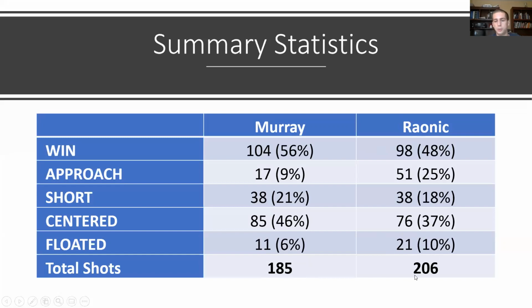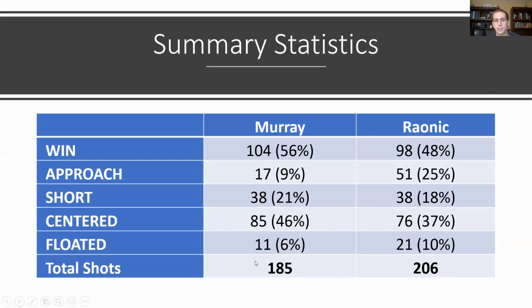Raonic hit 206 rally shots. Raonic's number is higher because Raonic is the more aggressive player, which means that points generally tend to end, for better or worse, on Raonic shots. He oftentimes gets the last shot in the rally. Whether it's Raonic hitting a winner or Raonic making an error, Raonic does typically get the last shot, which is why his number here is higher.